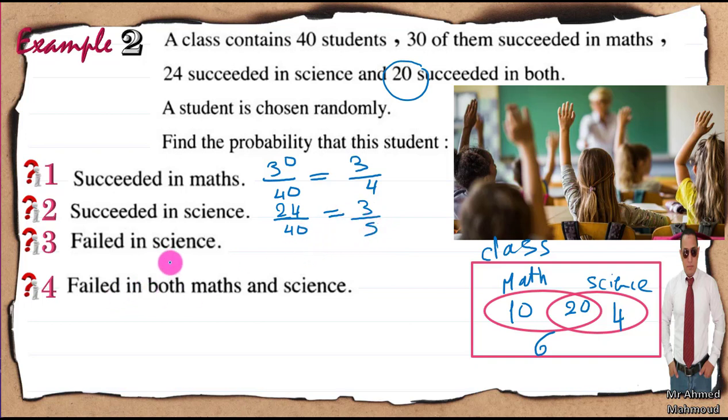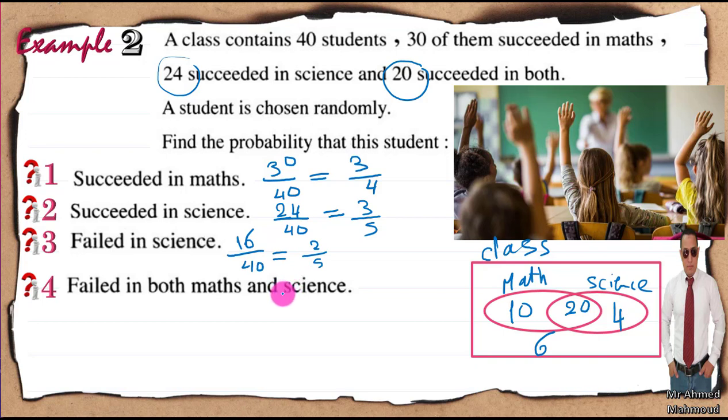Now, failed in science. The number who succeeded in science is 24, so 40 minus 24 equals 16. So it is 16 over 40, which in the simplest form, divided by 8, equals 2 over 5.